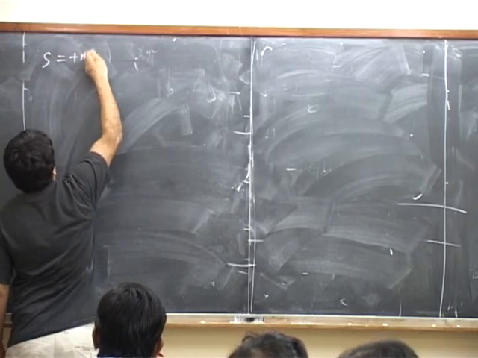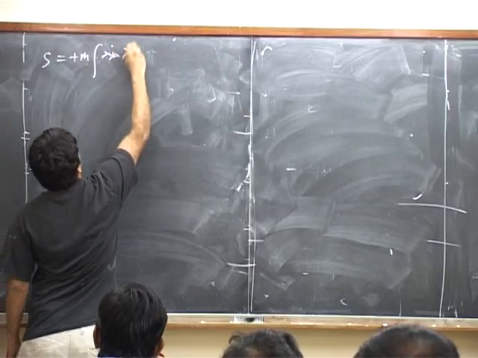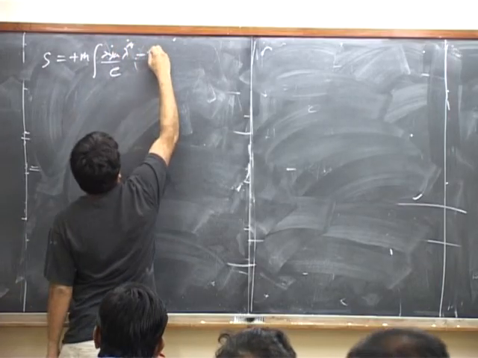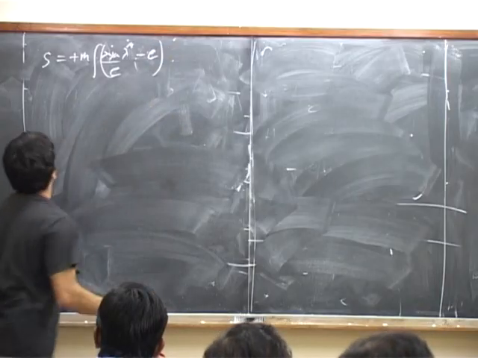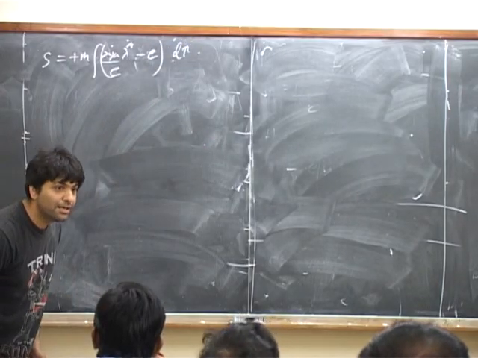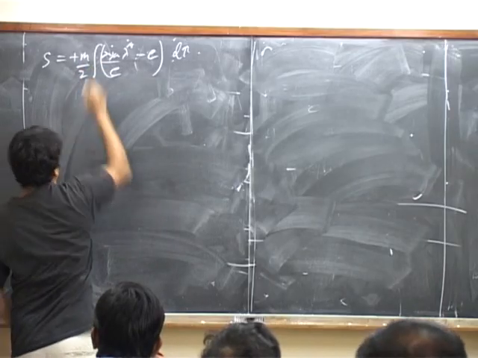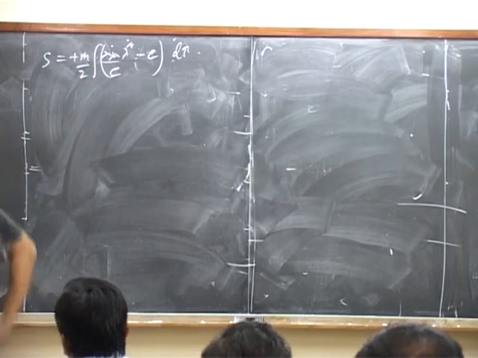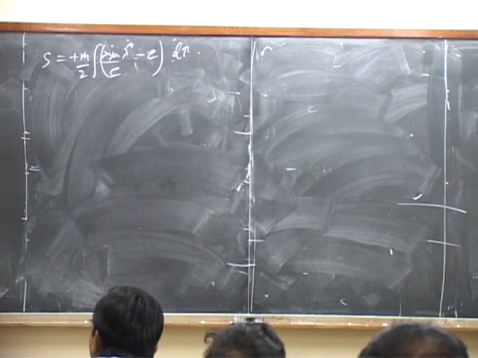Minus plus m x mu dot by e minus e. Okay, and now I want you to notice the following.